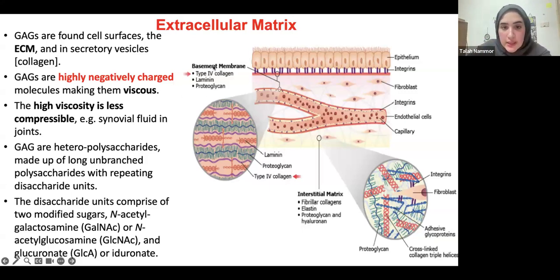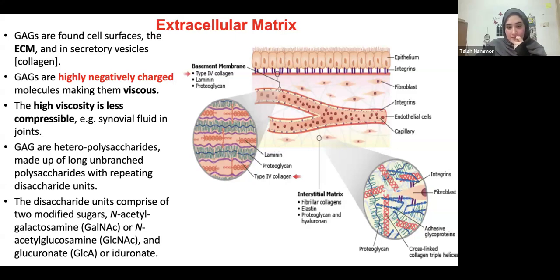Okay, good. Now, back to the extracellular matrix. So GAGs are highly negatively charged, okay? Because they're negatively charged, this makes them viscous. And when we say viscous, what do we mean? Does anyone know what the word viscous means?